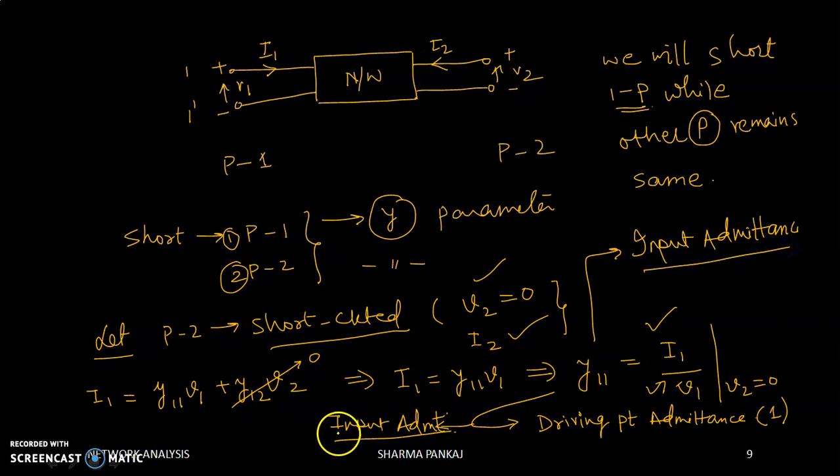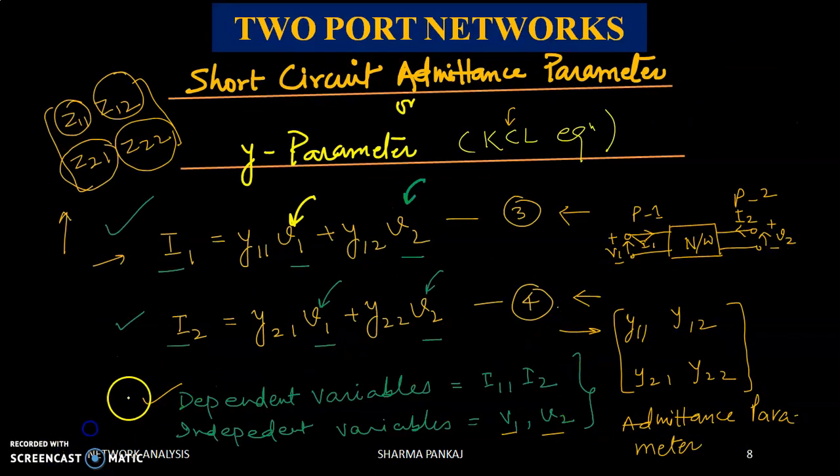So what we have done, we have actually shorted one port. Now port 2 is shorted, so we have calculated y11. Let us see the other thing we can have.